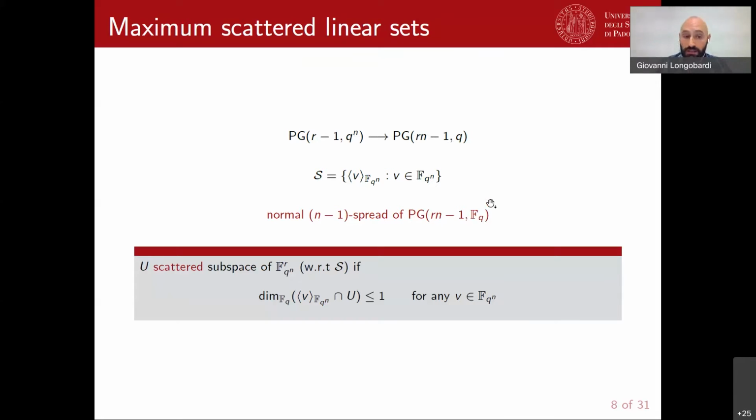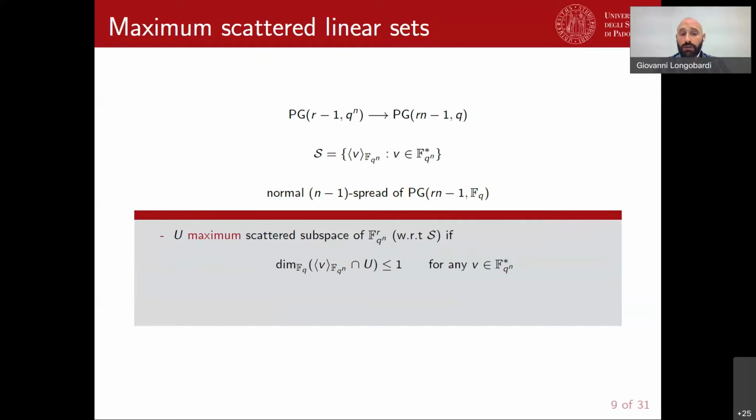U is a scattered subspace with respect to this spread if the F_q-vector dimension of this intersection is at most 1 for any v in F_{q^n}. The maximum dimension of a scattered subspace is the maximum rank of the subspace, and it depends on r and n.